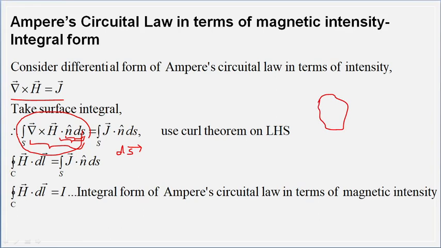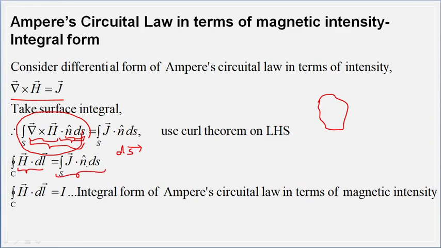So the surface integral becomes the line integral, and curl of the function becomes the function. That is the curl theorem. Since it is a line integral, we write here dl, length, and we take a dot product because the integrand has to be a scalar quantity. And the other side we write as it is.